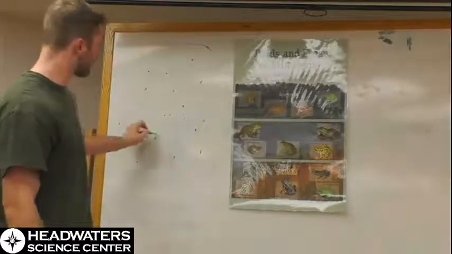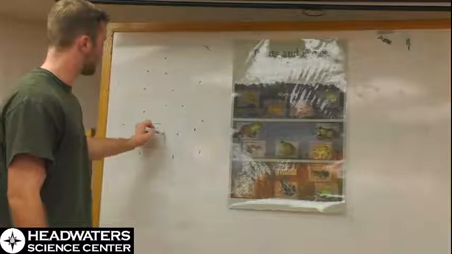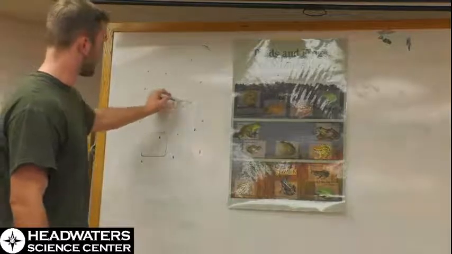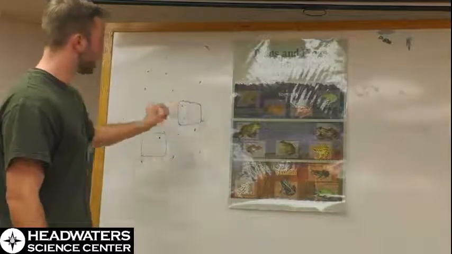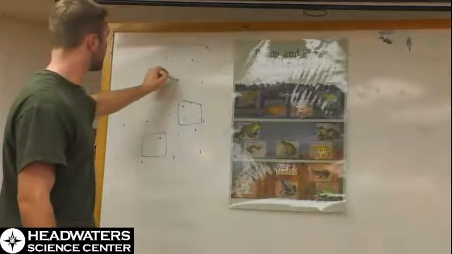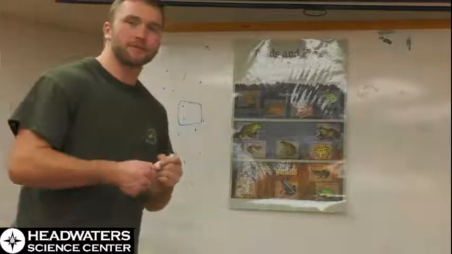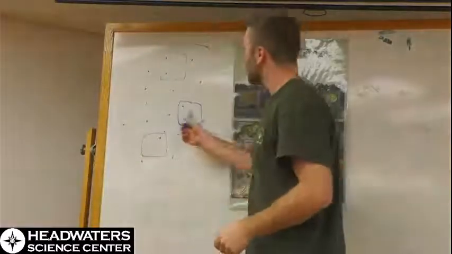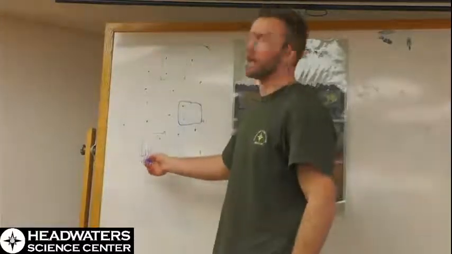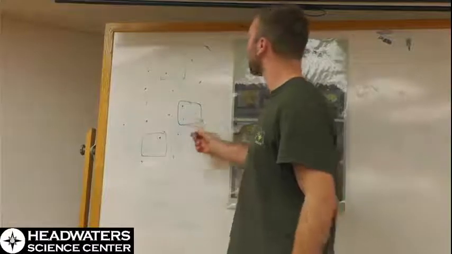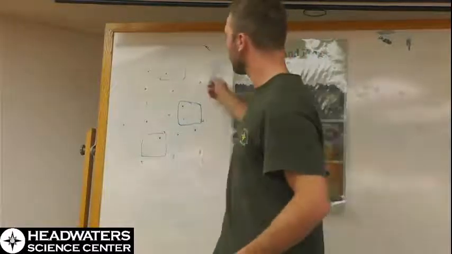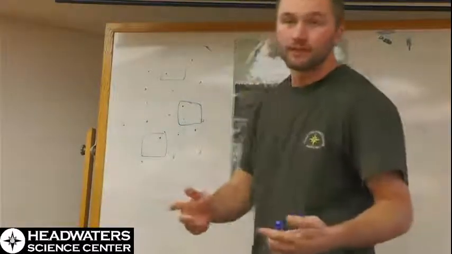So like you put a quadrant down here, and then you put a quadrant down here, all the same size, and then you average out how many species you got per how much area that is your quadrant, and apply it to the rest of the field. That's one way.